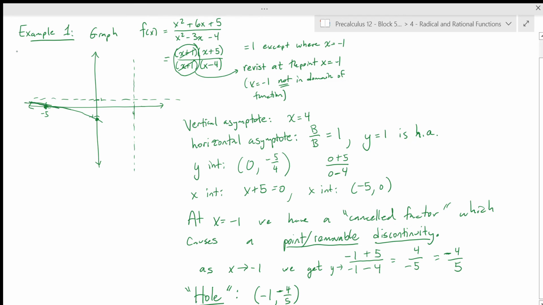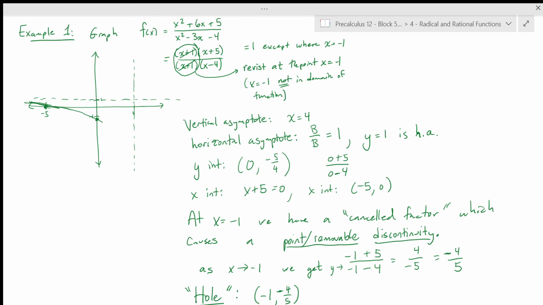And as we go over here, we're going to go down, because there's no other x-intercept, so we can't go back up before we get to that vertical asymptote. The vertical asymptote is like a wall. So when you hit it, you have to either go down, down, down, or up, up, up in an asymptotic way, approaching the vertical asymptote but never arriving at it.